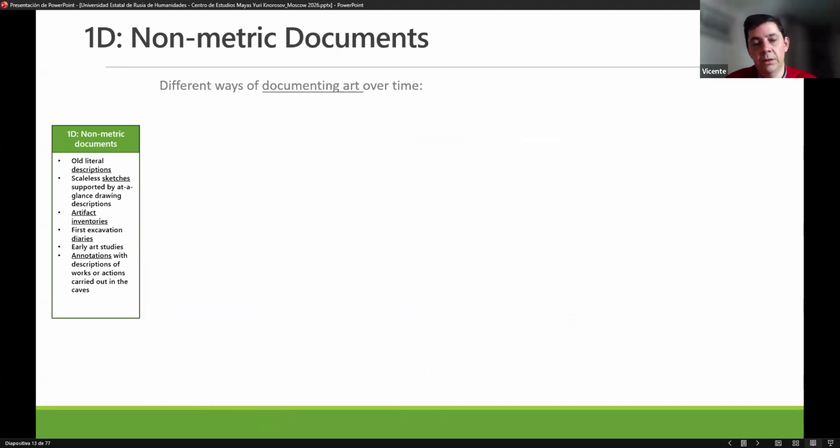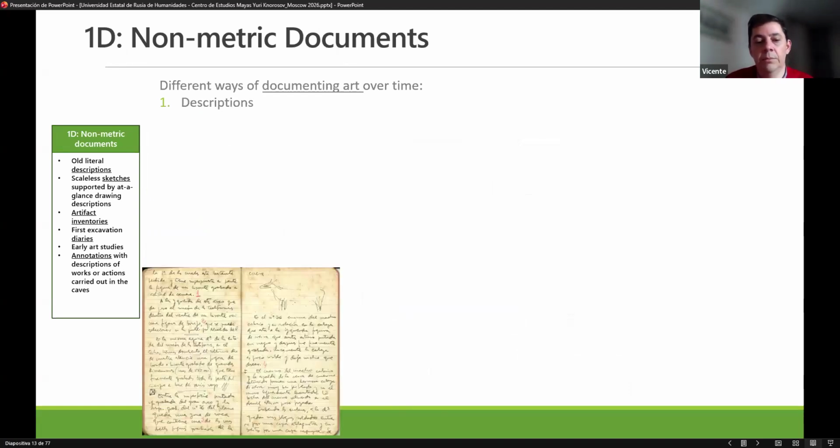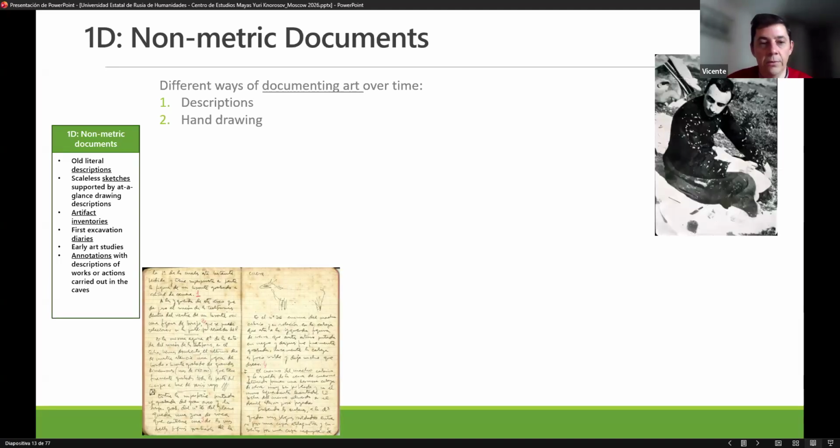So non-metric information of caves is thus rudimentary plans. The same happened when the art was being documented. First, the art was documented by description. Here you see a notebook from 1940 of El Castillo Cave. Later, hand drawing.